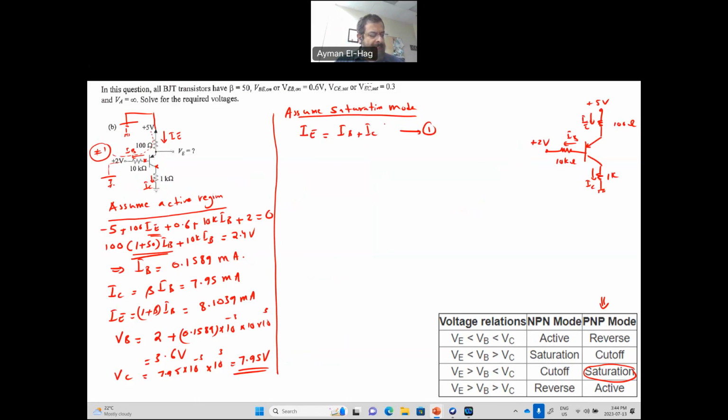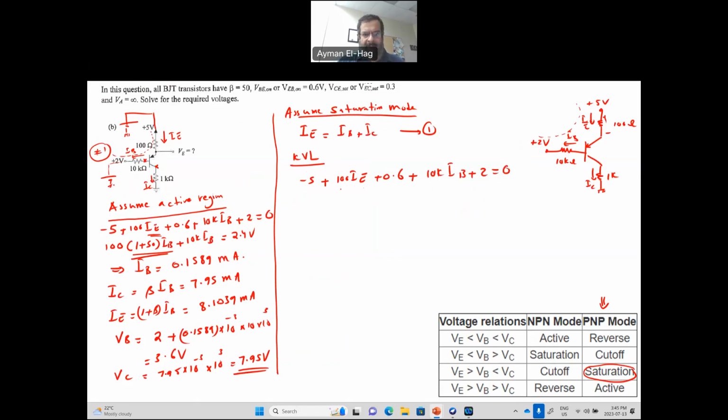So we will apply KVL to this loop. Okay, so we will have minus 5 plus 100 IE, which is the voltage drop here, plus 0.6 plus 10K IB plus 2 equal to 0.